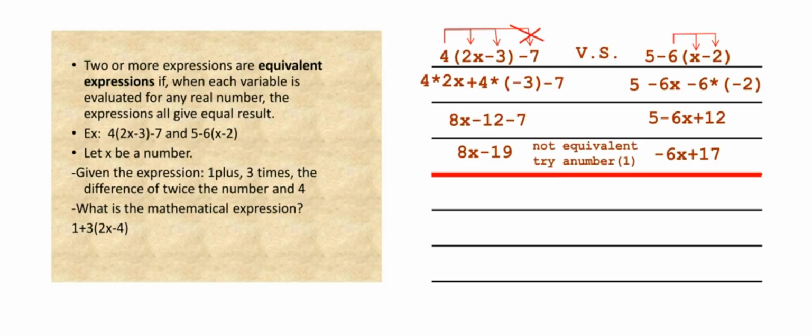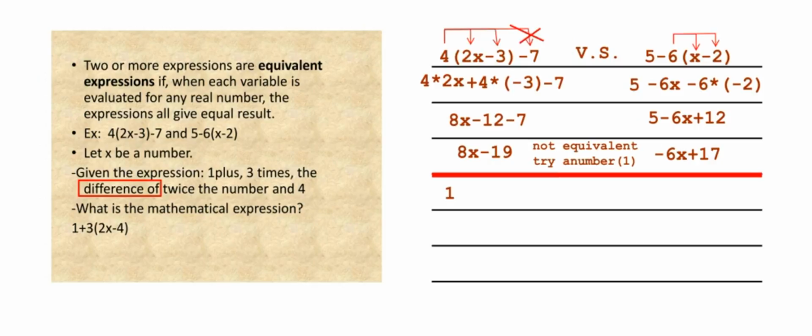Okay, so given the expression 1 plus 3 times the difference of twice the number and 4, what is the mathematical expression? Now you're given a hint down below, but let's try this all over. Do notice the words difference of. I highly recommend you highlight it, or keep that in mind. The combination of those two words implies there's going to be a subtraction between something.